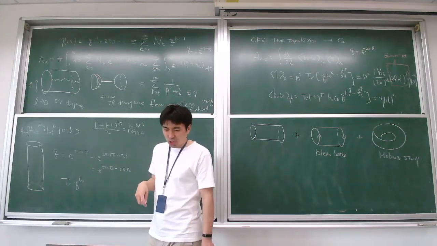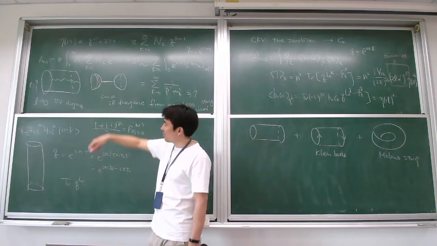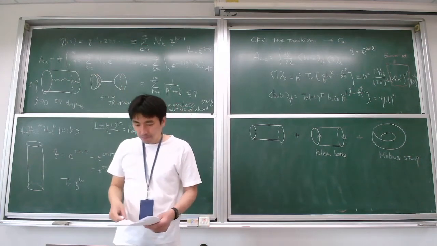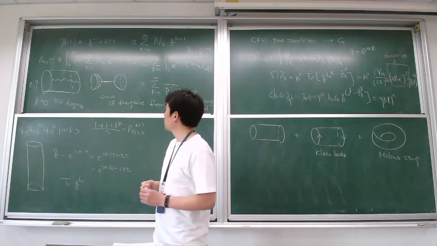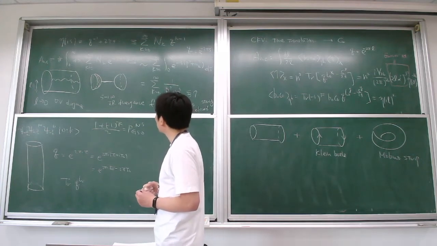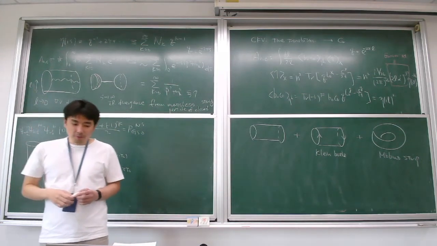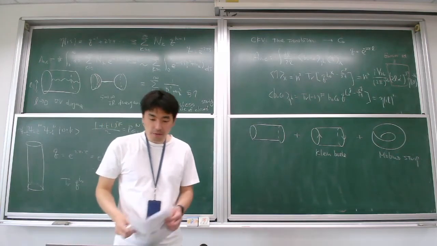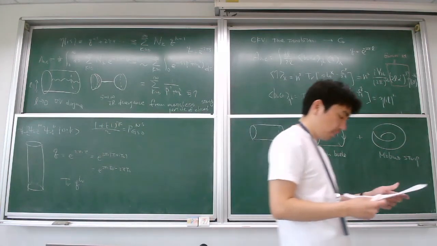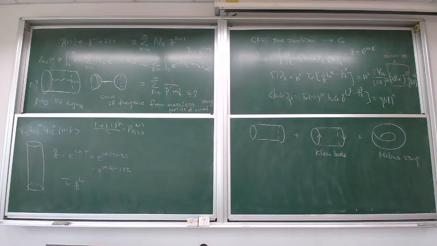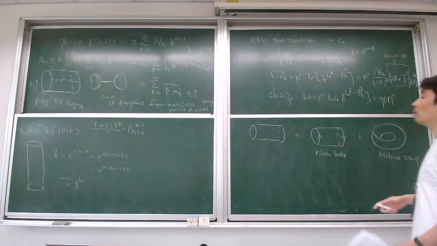I think I should make a more convincing argument, but I can only give you a really schematic argument at this moment. I will try to give you a better explanation next time, in the next lecture. Well, let's accept that and move on.